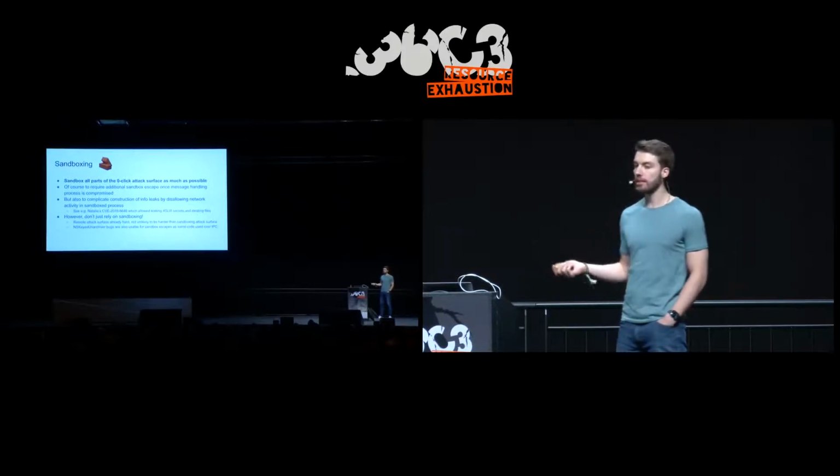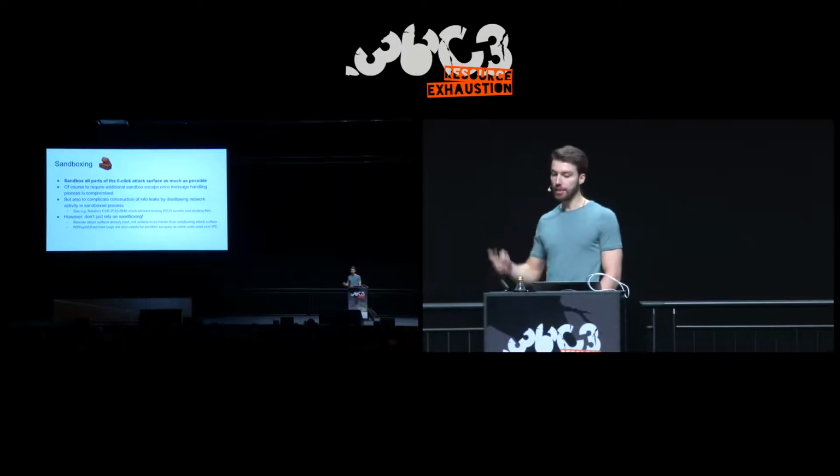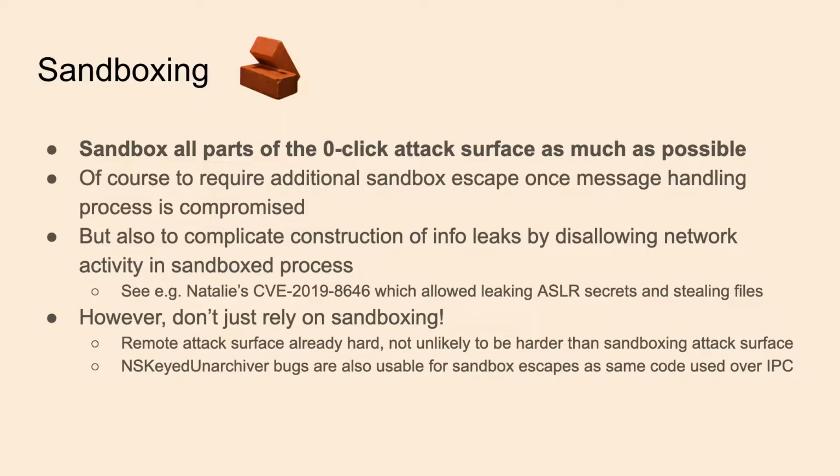So Natalie had this other iMessage bug, CVE something 8646. There's a blog post about this one. She was able to cause Springboard to send HTTP requests to some server, and those would contain pictures, data, whatever. If Springboard would have been sandboxed to not allow network activities, this would have been much harder.